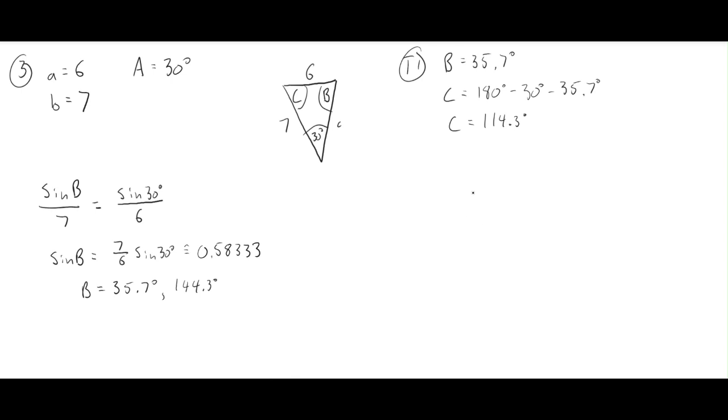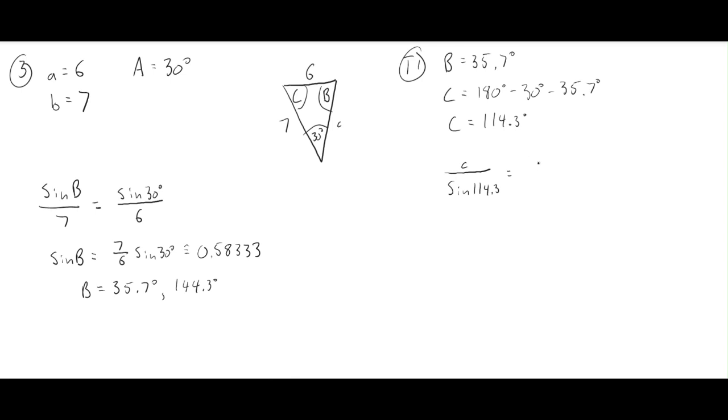So that angle C is pretty wide, right? Let's see how long that side C is. So the side length of C divided by the sine of angle C has to equal, well, we could use A again.